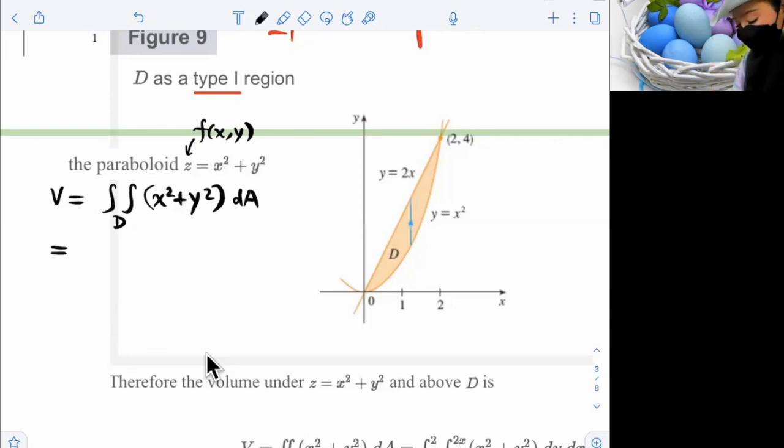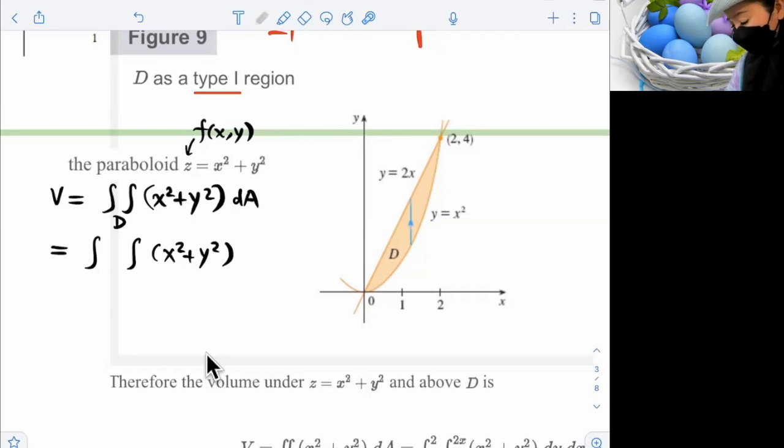Now let's do this. We have x squared plus y squared. Now we know that this is the type 1 region, so dx first or dy first? It's going to be dy first. I hear you. Okay.